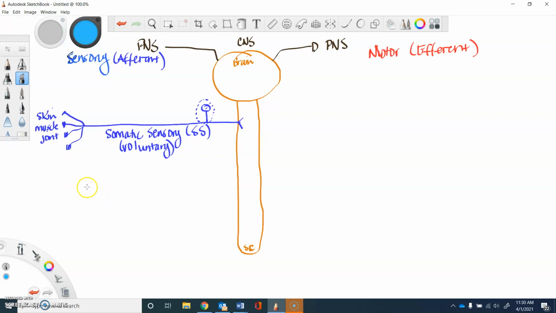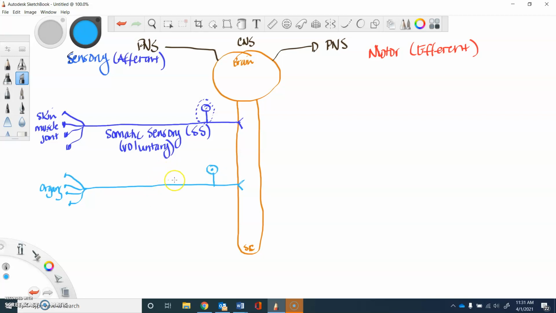All right, there are also receptors that are associated with our organs. Okay, so they also have certain types of receptors on them, and they send information through a sensory nerve into the cord. Again, it's going to have its little lollipop cell body, all right?